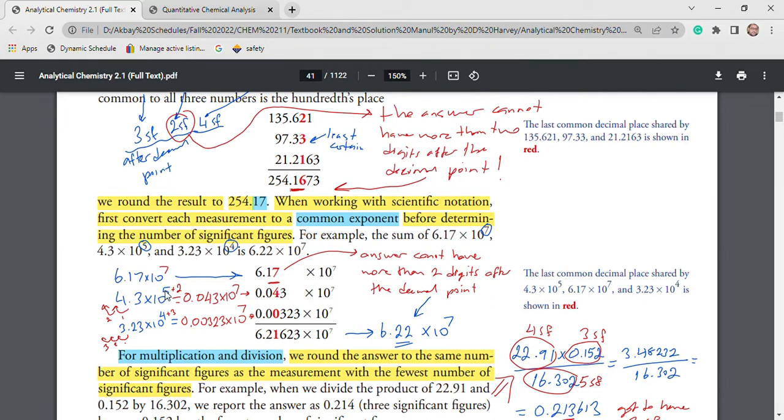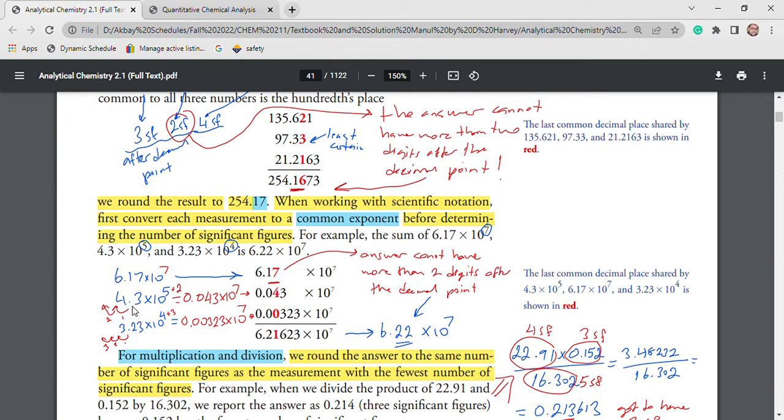For 4.3 times 10 to the 5th, you will have to move the decimal point to the left twice. If you move twice, you add 2 to the exponent. Remember, when we make the number smaller, the exponent has to get larger.